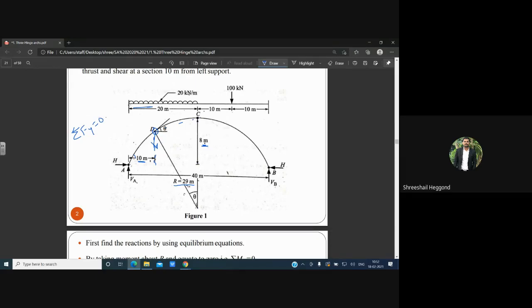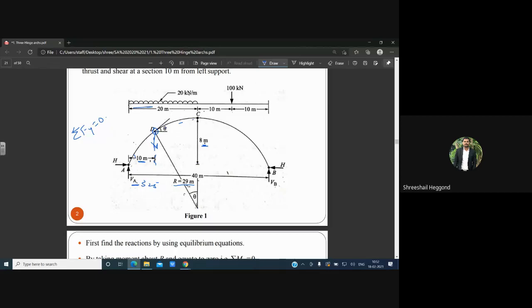This is acting upward, and downward acting is UDL, that is 20 into, only for this distance we are calculating, therefore that is 20 into 10. That can be calculated as 125 as our calculation, that is 125 kilonewton.